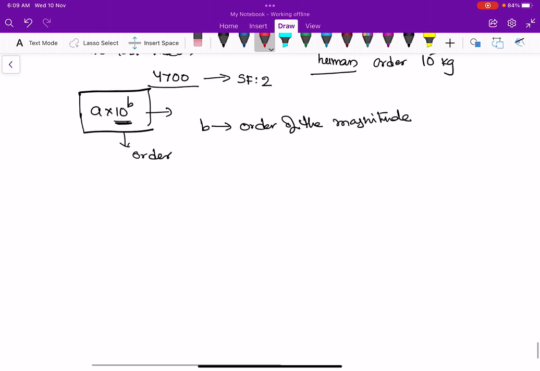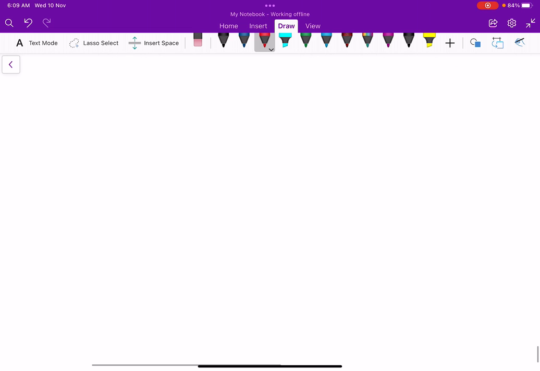Now we shall see what the rules are for arithmetic operations with significant figures.